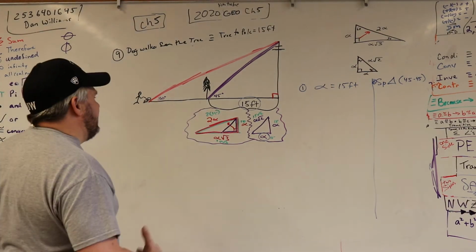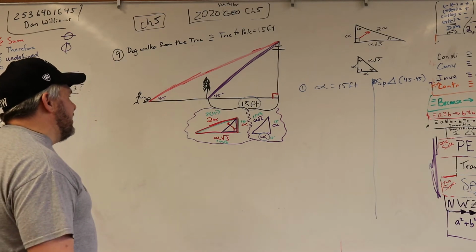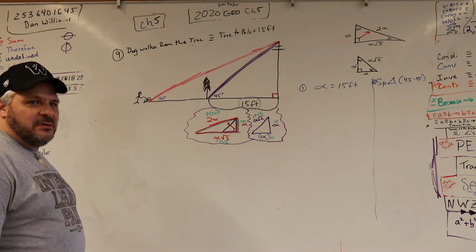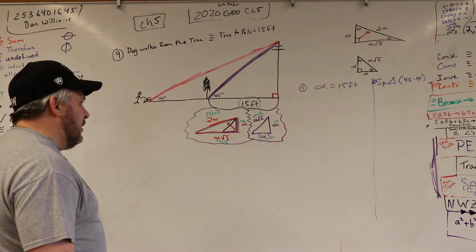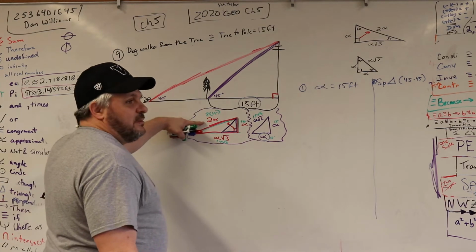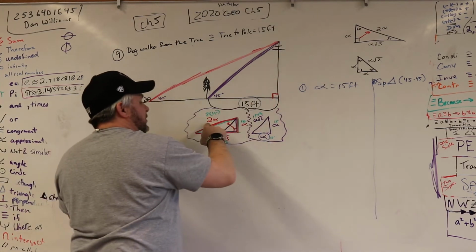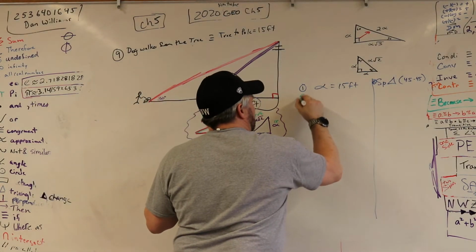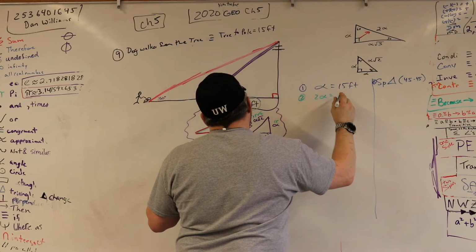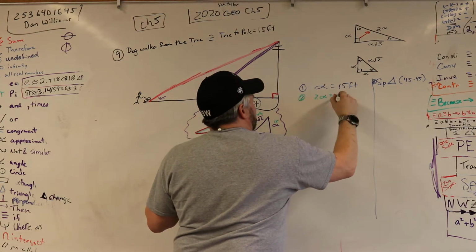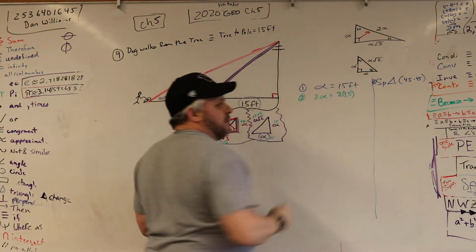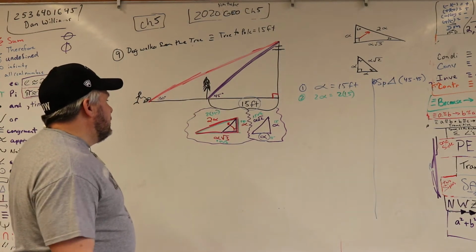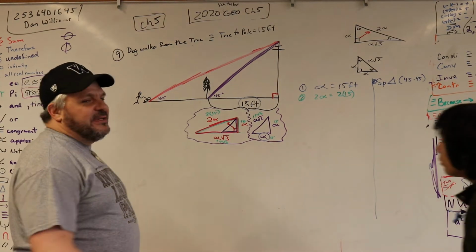So now I have pretty much everything except what they're asking me for. I have that this hypotenuse is 2 times alpha, which is equal to 2 times 15, and alpha is 15.